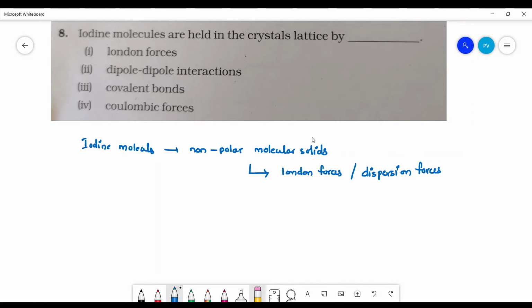So the answer is London forces. One more point: these types of solids are soft and non-conductors of electricity. Some exams ask which of the following is a non-conductor of electricity.